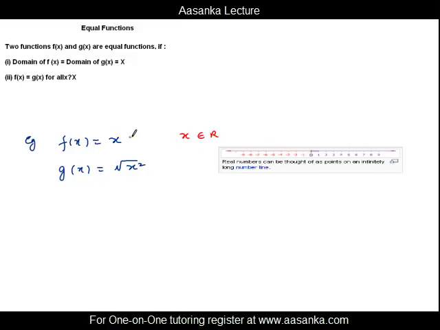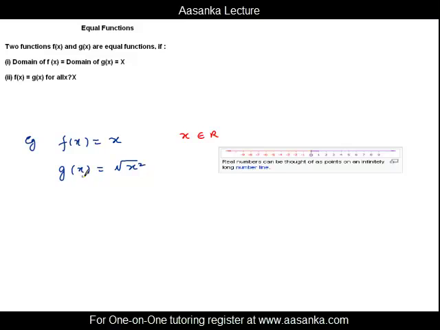However, when we see the range, f(x) in one case is x. That means when you take any negative value of x in the domain, you will get negative range also, and when you take positive value of x in domain, you will get positive x.